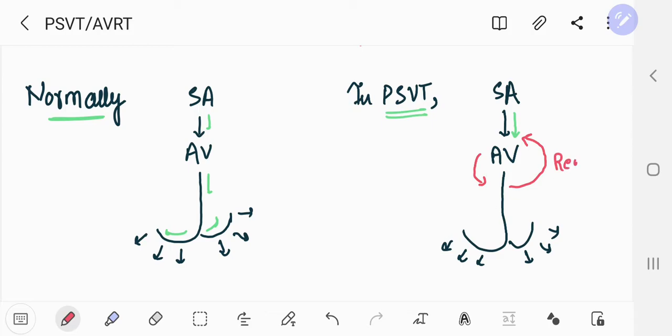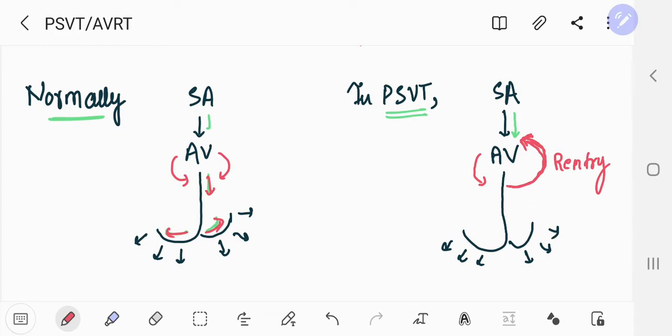So a re-entry takes place. Normally it should go from AV node to bundle of His, there shouldn't be any re-entry. But in PSVT, the electrical impulses bypass the bundle of His and re-enter into the atria. This is what's happening in PSVT.